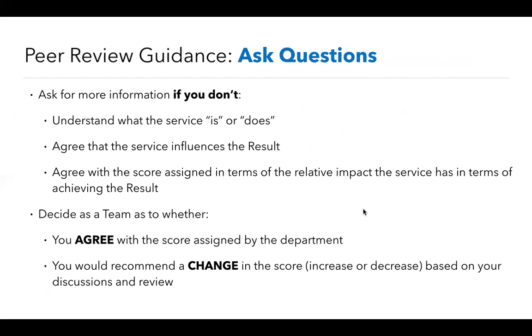If you don't understand what the service is or what it does, you'll probably want to seek more information. If you don't agree that the service influences the result in the same way, or that the score assigned has the same level of impact that the department score did, you might need more information. So you as a team will decide whether you agree, or whether you're going to recommend a change. And you'll enter those scores in the template, which we will review in just a few moments.